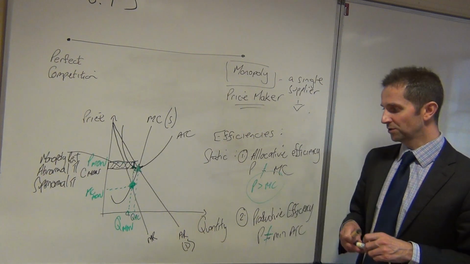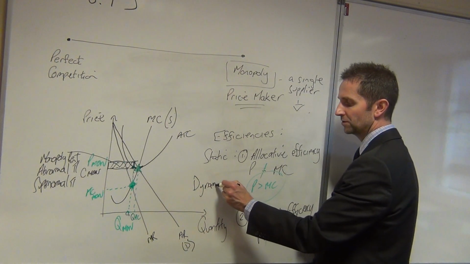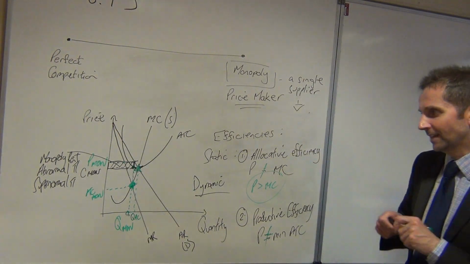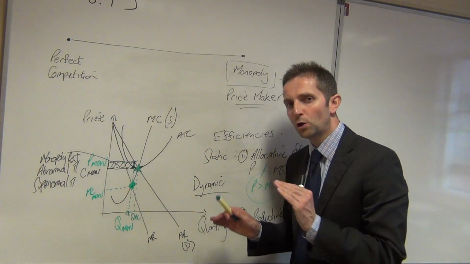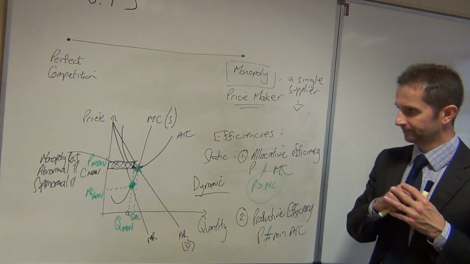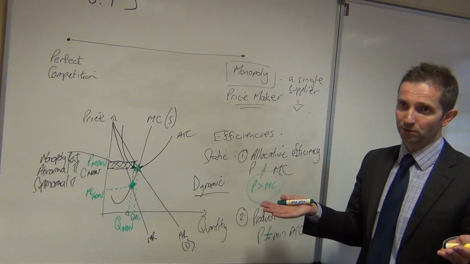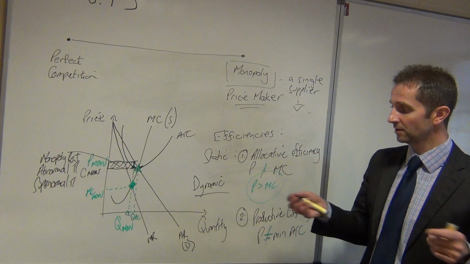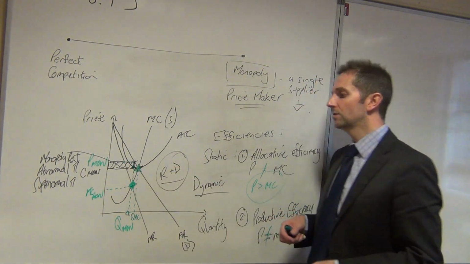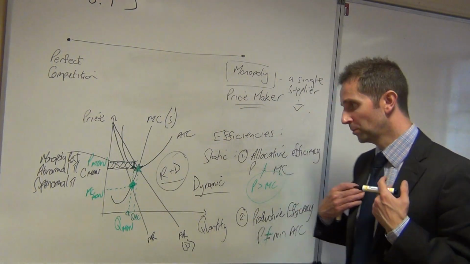So that's static efficiency. What about then in terms of dynamic efficiencies? So over time. Well, the argument goes like this. The monopolist, because they're earning these abnormal profits, could over time use those abnormal profits, and indeed do, let's be fair about it, use them for research and development into new products, and as a consequence of that, that benefits us, the consumer.